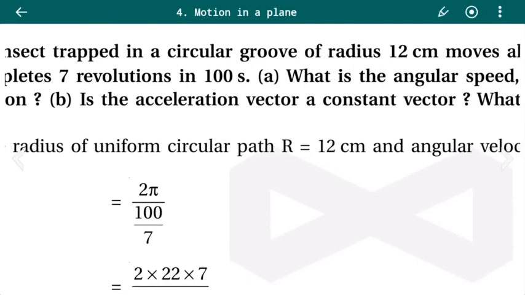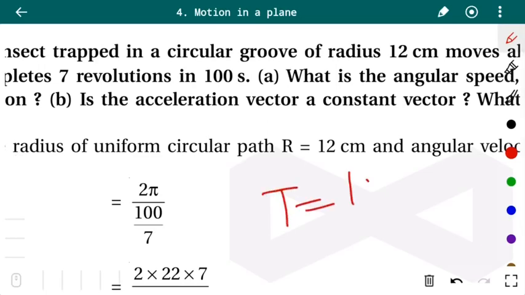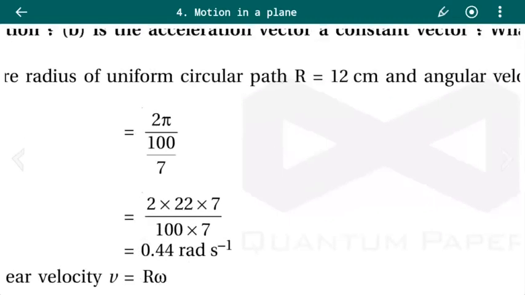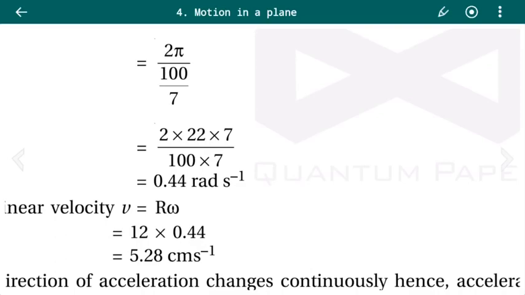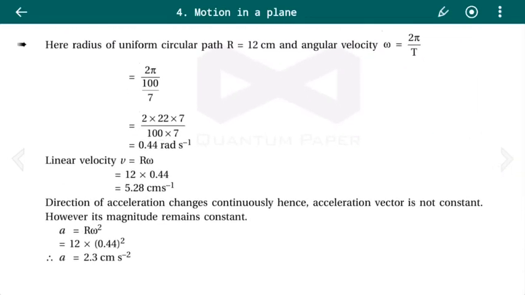So for one revolution it will be taking 100 by 7. So t is equals to 100 by 7. That is, we are getting the periodic time. So substituting the value as 2 into, here pi we have taken as 22 by 7, and here 100 by 7 in the denominator. So we get the value 0.44 radian per second.